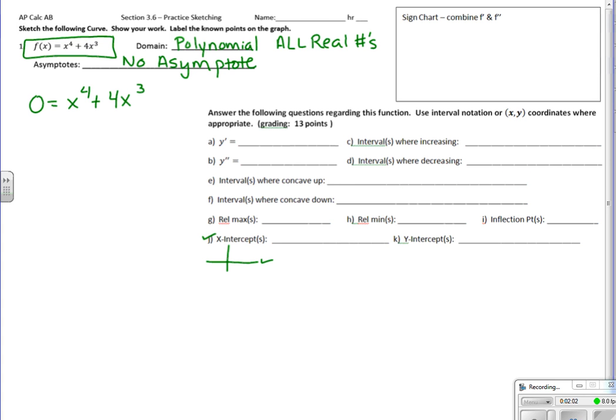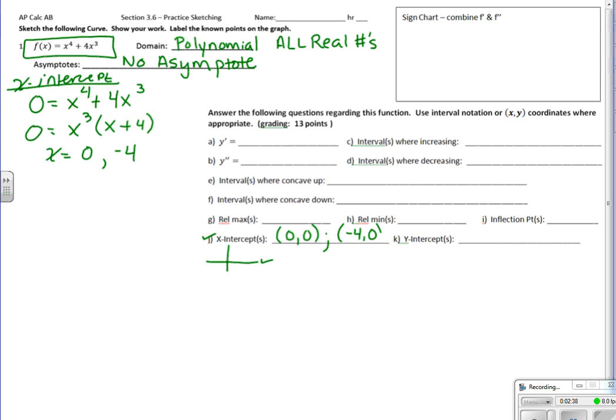So if I set this equal to 0, and here I'm working on x-intercepts if you want to label your region, I could factor this, pull out an x cubed, and I would have x plus 4, and then the two points that this occurs would be x equals 0 and x equals -4. So I would have two x-intercepts. When x is 0, I get out 0. And then when x is -4, I get out 0.